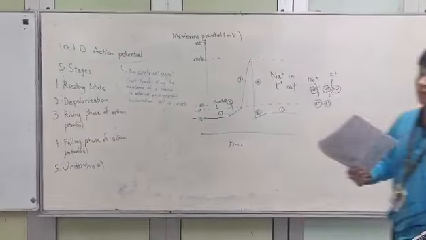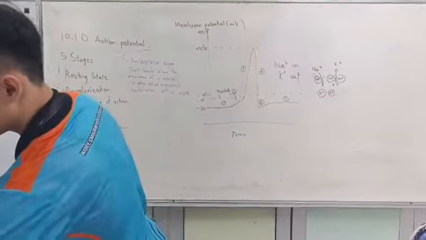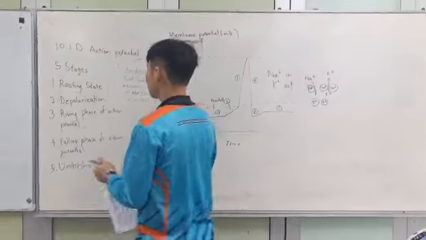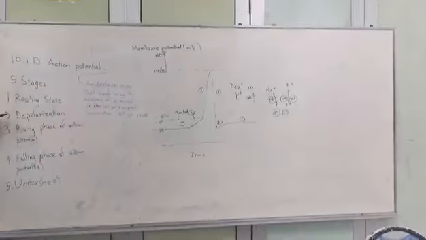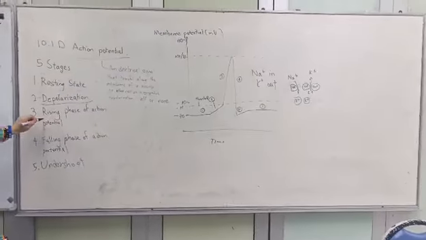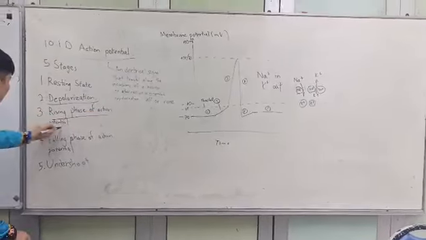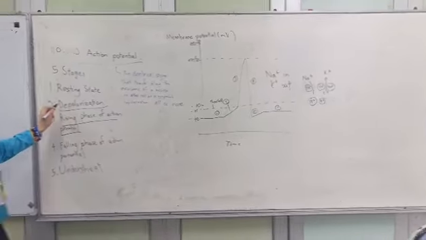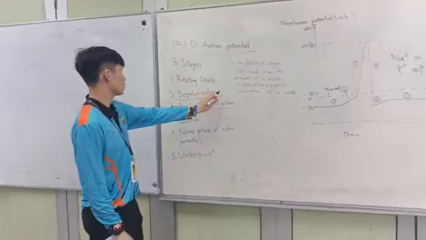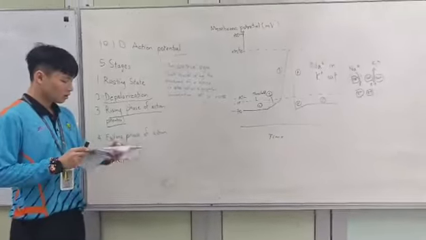So now I will be explaining step 2 and step 3, which are depolarization and the rising phase of the action potential. Let's start with stage 2, which is depolarization.